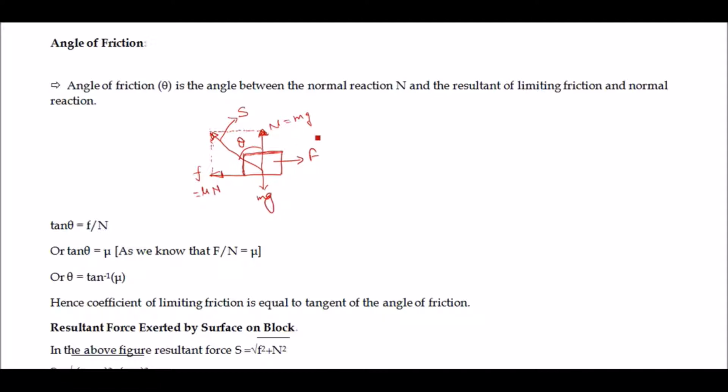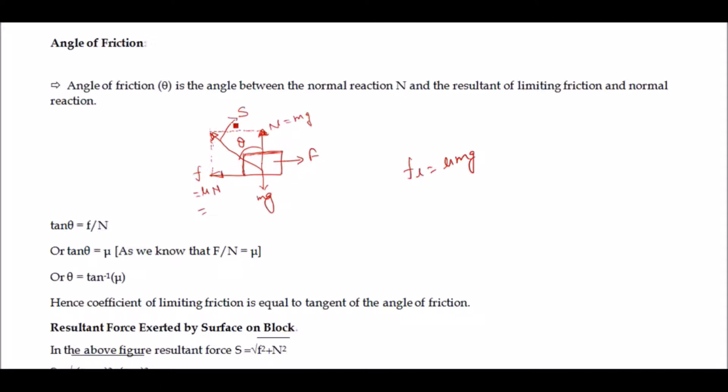Now if we consider the resultant of limiting friction value and the normal reaction, so value of limiting frictional force F_l is equal to mu mg, while the value of normal reaction is equal to mg.